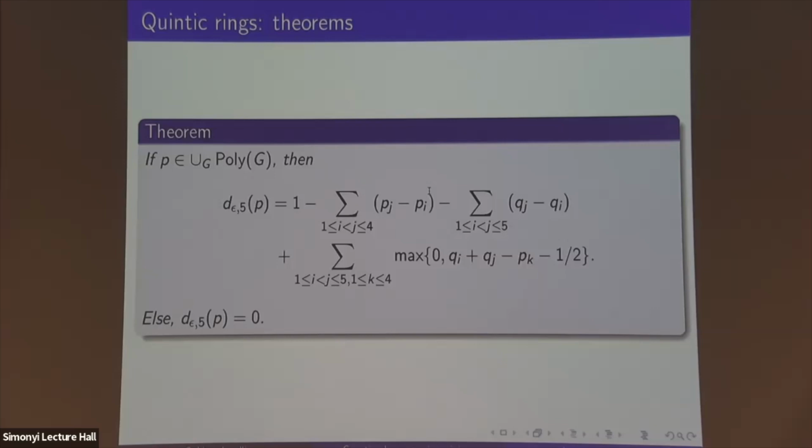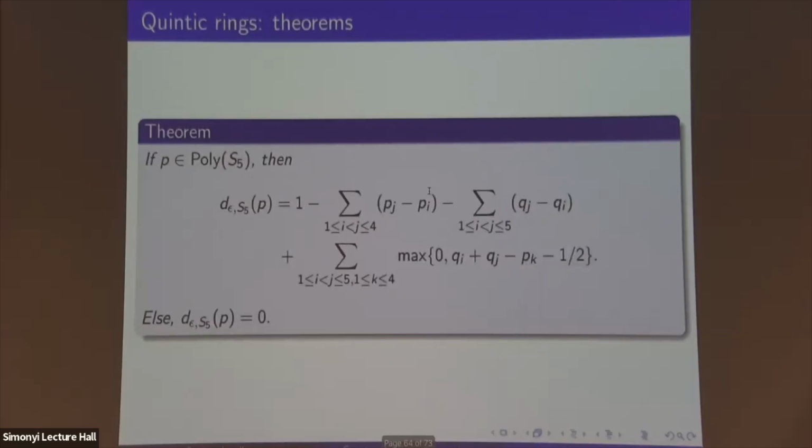Okay, so we have this general density function, and just as you expect, the S5 density function is just a restriction of this, literally the same formula, to a smaller region. And we can compute poly S5, and I want to show you a picture of it, but unfortunately I can't, because it's a 7-dimensional polytope in R9.